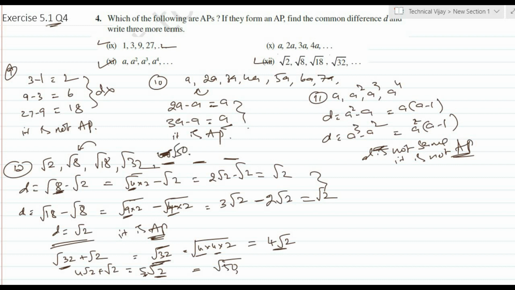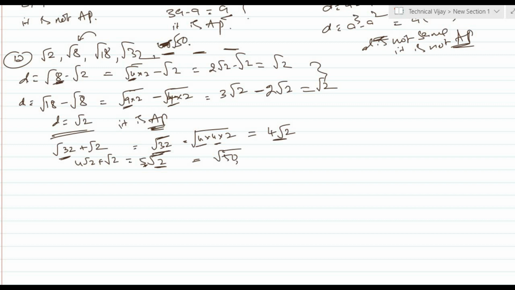So in the same way, so here next root 50 plus root 2. So root 50 can be written as 5 root 2. Okay, this is 5 root 2 plus root 2 means this is equal to 6 root 2. So 6 can be taken inside means 36. 36 into 2, 72. This is root 72. So root 72 plus root 2.